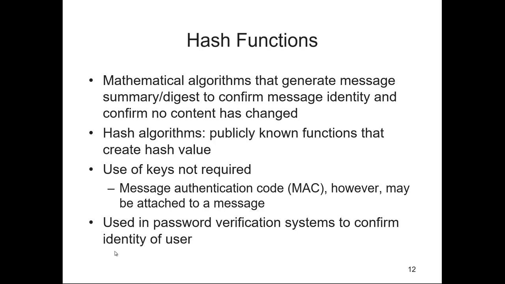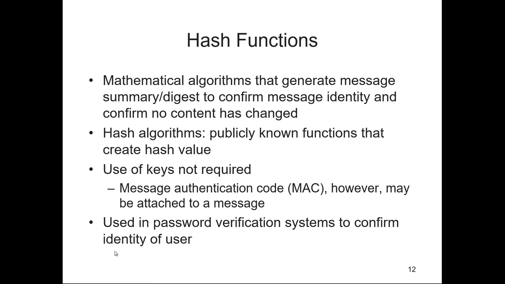And again, basically we are looking at the key. If the key matches, then you can open the message, or otherwise if the key doesn't match, you cannot open the message. So hashing functions do not require the use of keys, but a message authentication code, the MAC, is essentially a one-way hash value that is encrypted with a symmetric key.